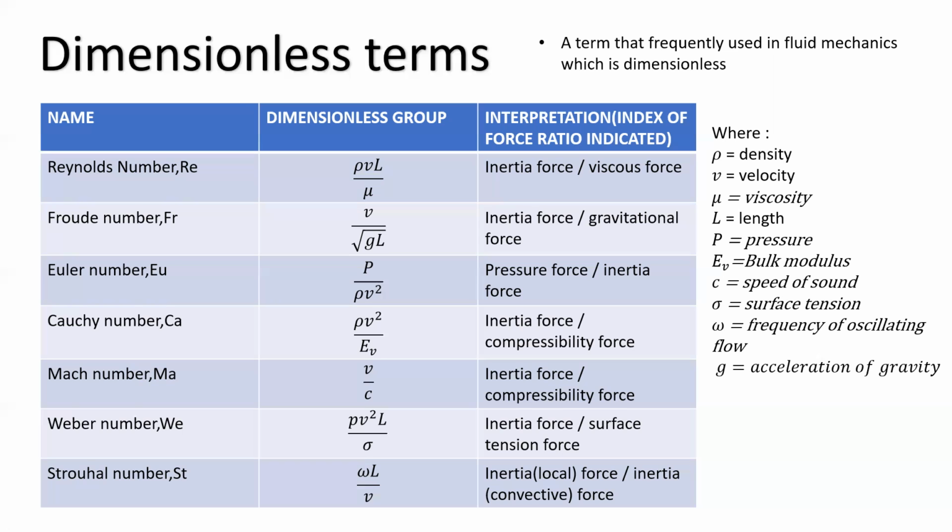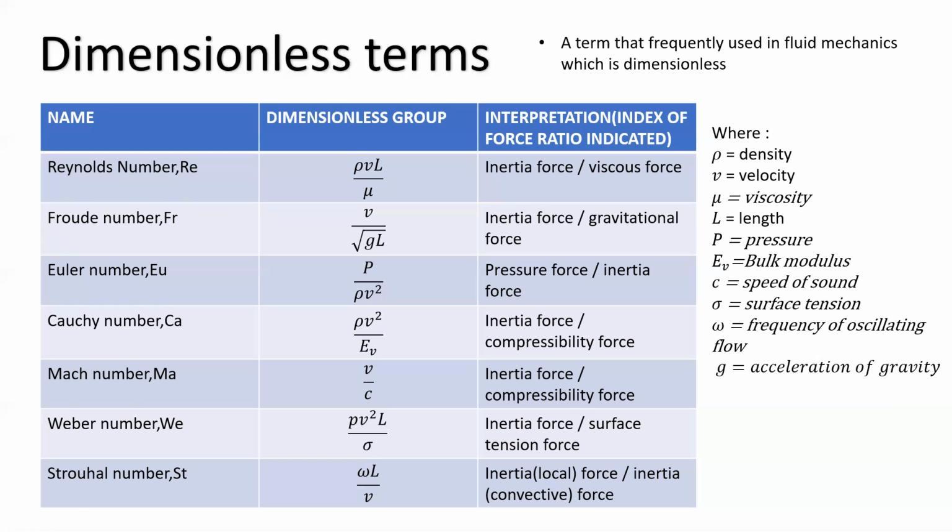The index of force ratio indicates pressure force over inertial force. Next is the Cauchy number, Ca. It is density times velocity squared over Ev, where Ev is the bulk modulus, and the index of force ratio indicates inertial force over compressibility force.